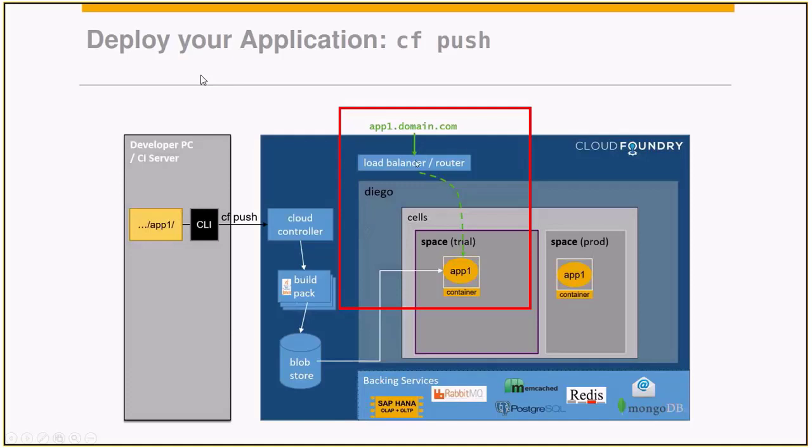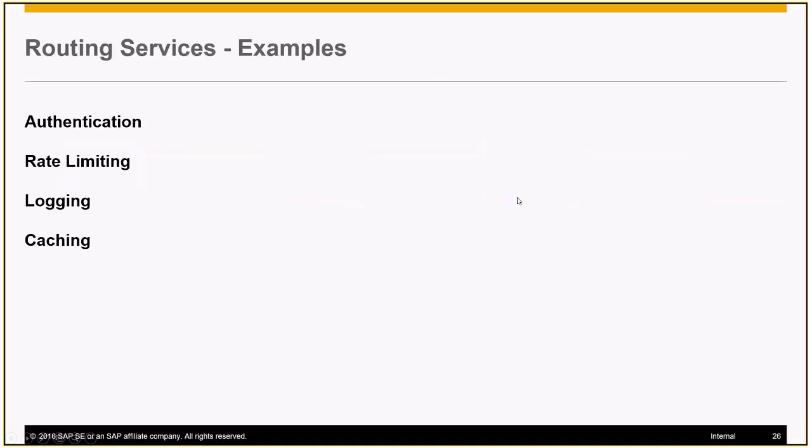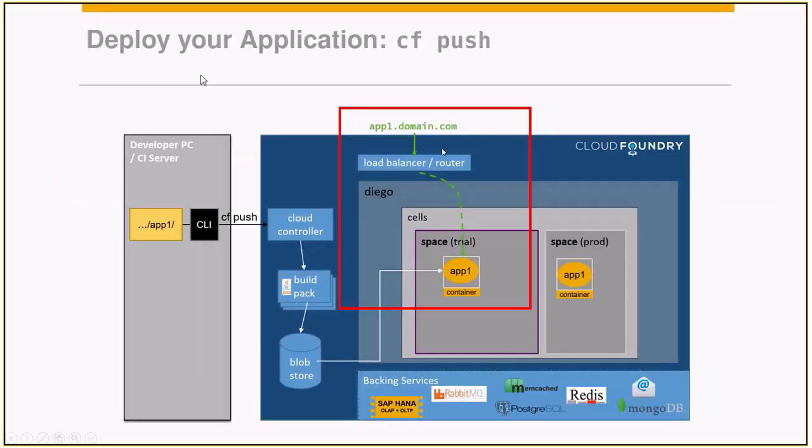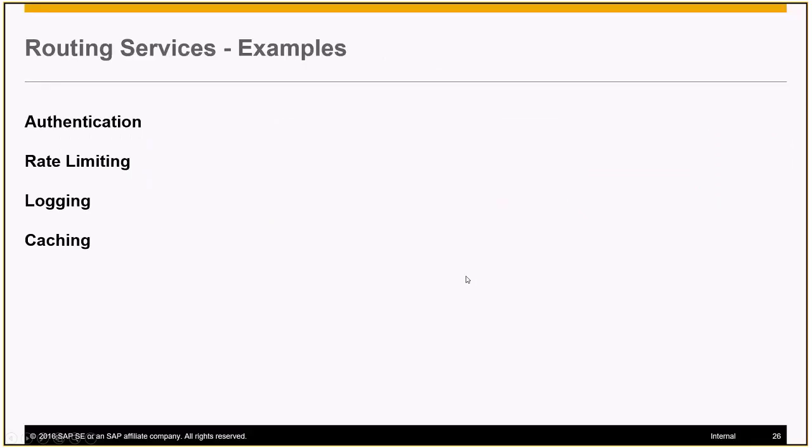And quickly, the last thing I want to look at is the load balancer, router, stuff like that. So in traditional, right off the box, this is how it is. Your client application makes a request to the load balancer, it sends it to the router, and the router figures out where to send it. Now, there are things you may want to do in addition to just authentication.